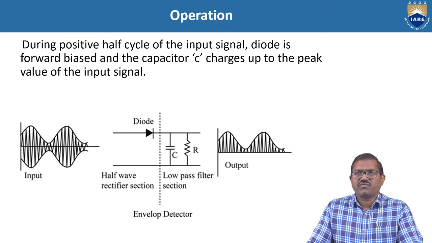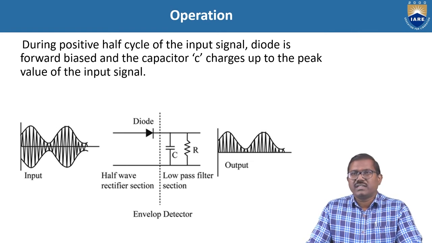During the positive half cycle of the input signal, the diode is forward biased and the capacitor charges up to the peak value of the input signal. During the negative half cycle, the diode is reverse biased and the capacitor discharges until the next positive half cycle.